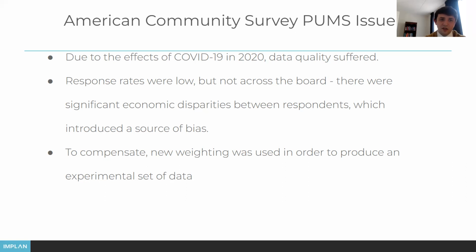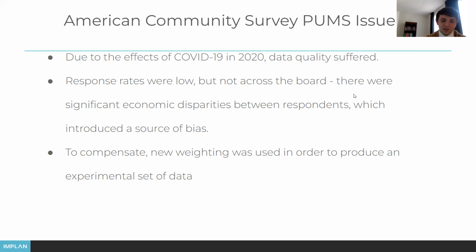Typically, the Bureau tries to aim for a 1% representational sample of the geographies that they cover, but this was not achieved during the height of the pandemic. And a study kind of indicated that there were some pretty significant economic disparities between respondents, in that more higher income households responded and fewer lower income households responded. So this introduced a source of bias, which in order to combat, they used a new methodology for weighting their data, and it was released only as an experimental set.